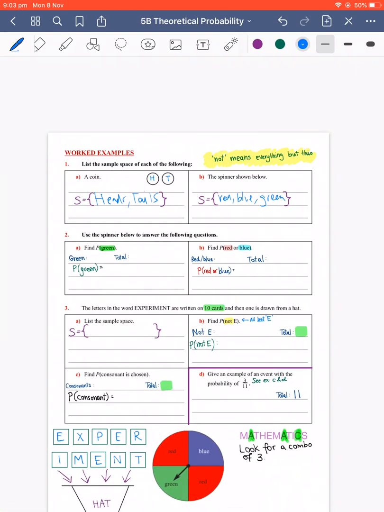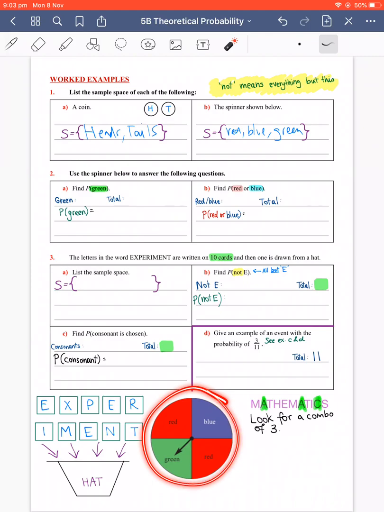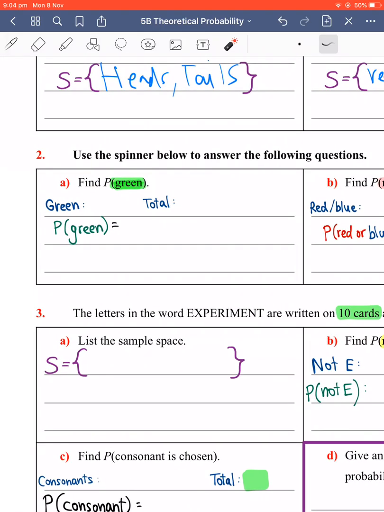Next one, using that spinner again, now we are looking at specific probability. So having a look at these, we write down how much we have of that particular event over our total number of possible outcomes. Okay, so it's not necessarily our sample space, it depends on what we're after, but the total number of possible outcomes.